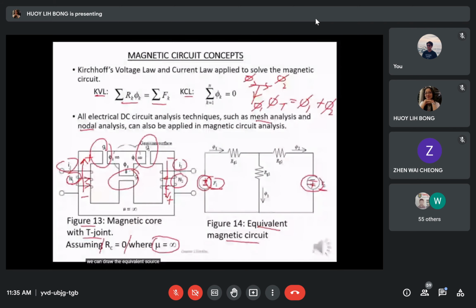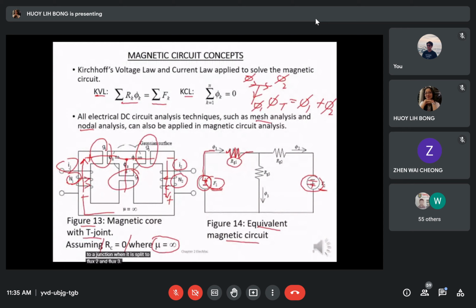For the flux flowing inside the coil, we have flux 1 on the left-hand side through the gap 1. We can represent the reluctance of the air gap in series with the MMF F1. Next, we can see the flux flows to a junction where it is split into flux 2 and flux 3.